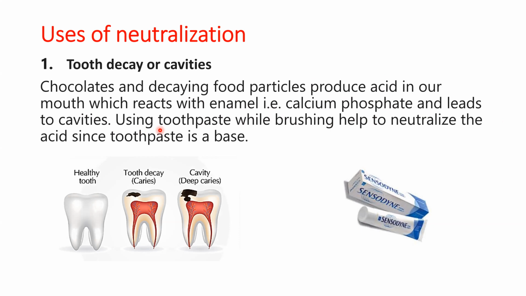Usually using toothpaste while brushing helps to neutralize the acid, since toothpaste is a base. If you look at its composition, it has sodium and potassium salts and compounds giving it a basic pH, because then it can treat our tooth from the acidic one to the neutralized pH.